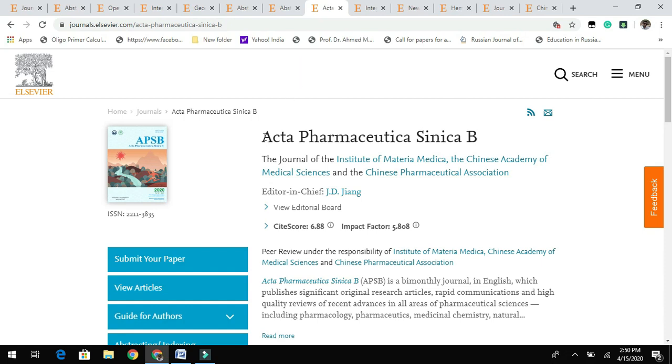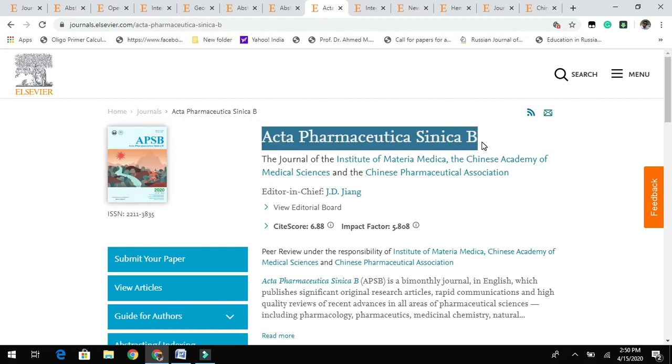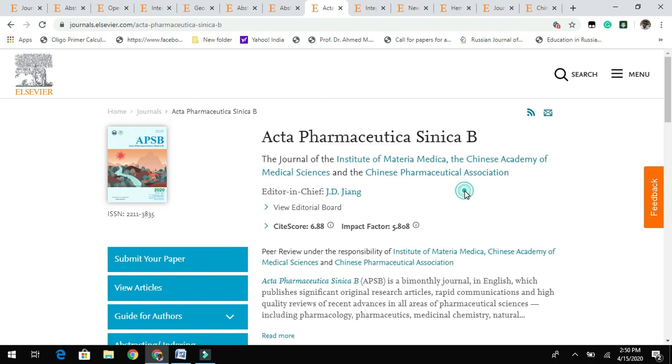So moving on to the next journal, Acta Pharmaceutica Sinica B. This journal is published on behalf of the Chinese Academy of Medical Sciences and the Chinese Pharmaceutical Association.